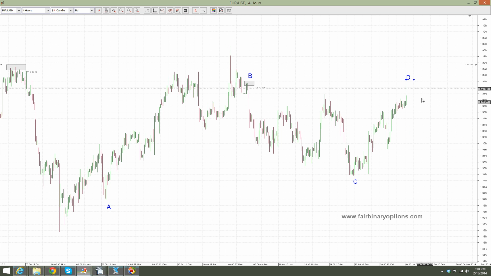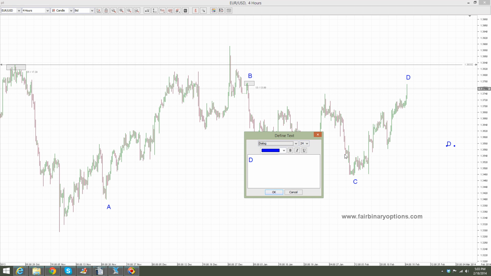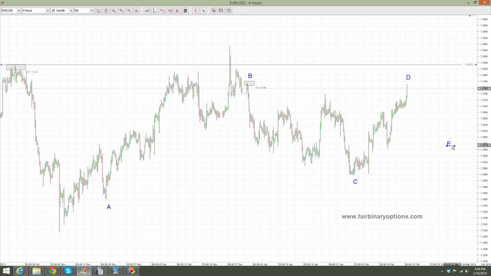But this contracting triangle, in order to respect the name of it, basically to contract, needs that the A and C and the B and D trend lines point into the same direction. Namely, the apex of the triangle should not be a rising one.